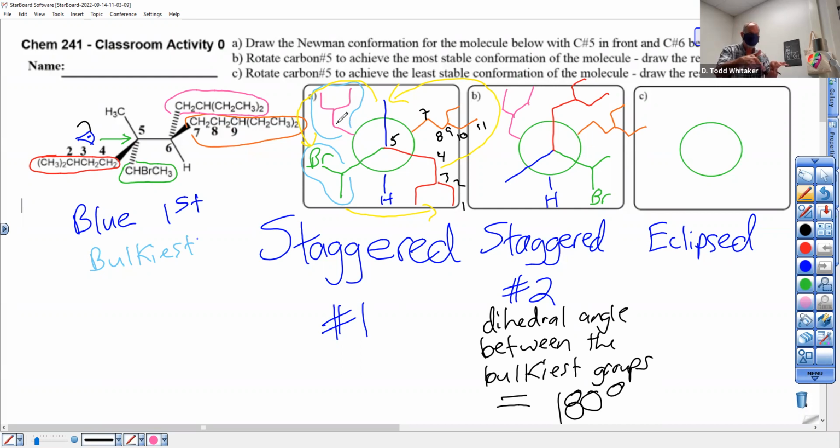You were told in the question, don't rotate the back carbon, even though those words were not used.